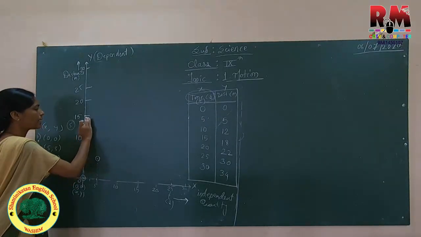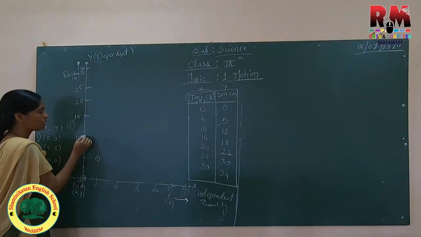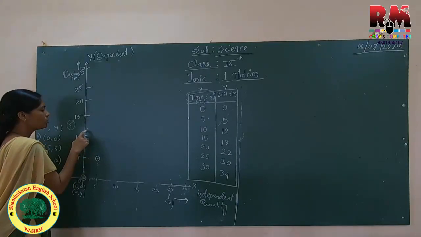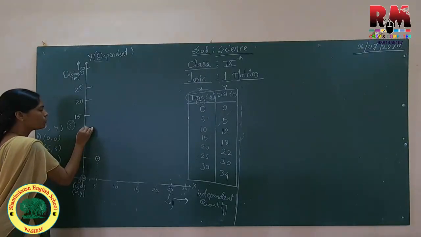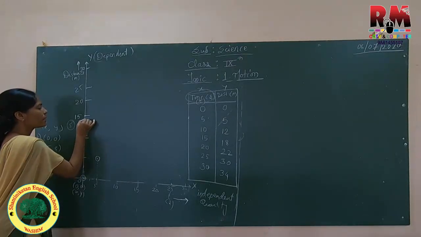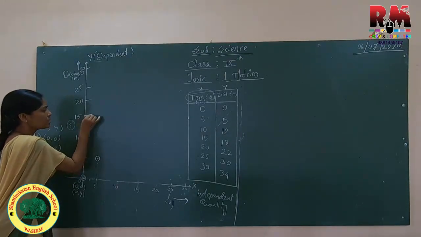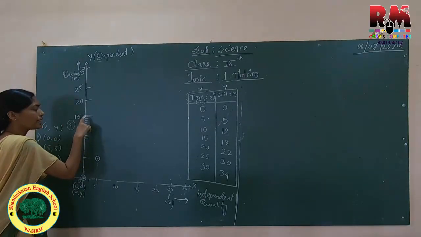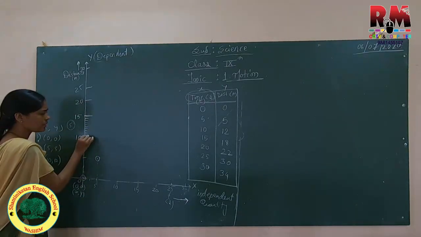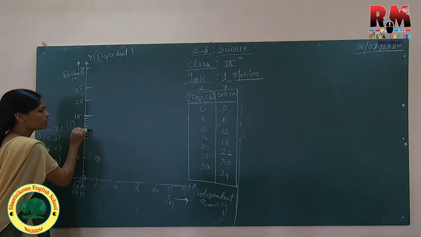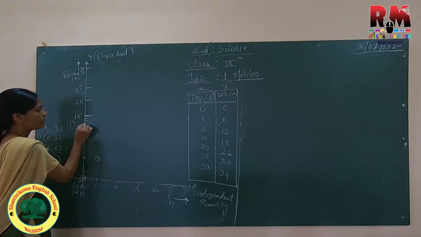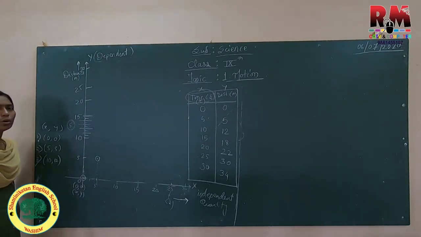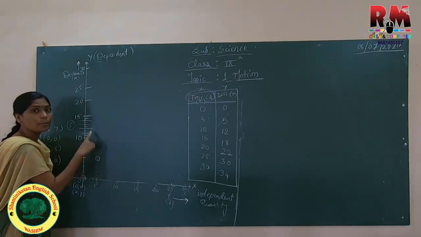I'll first draw 10 lines in between so that it will be easy to understand. 0, 1, 2, 3, 4, 5, 6, 7, 8, 9, and this is the 10th line. Now suppose this is 11, this is 12, this is 13, this is 14, this is 15. So 2 lines will make 1 meter.